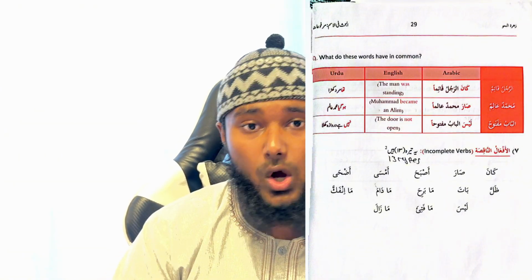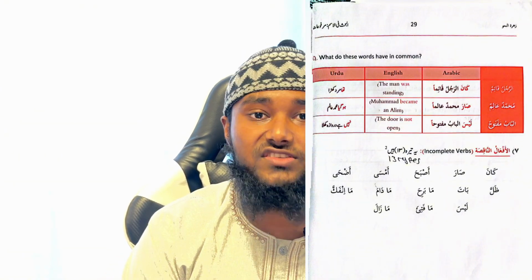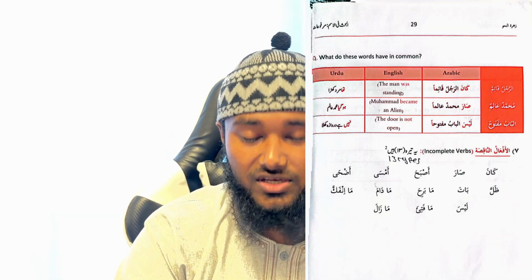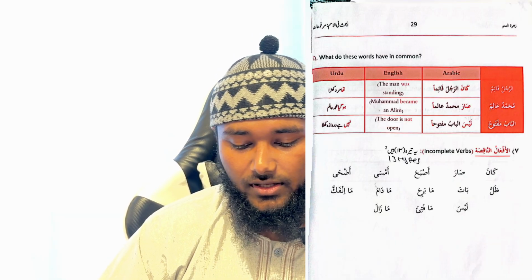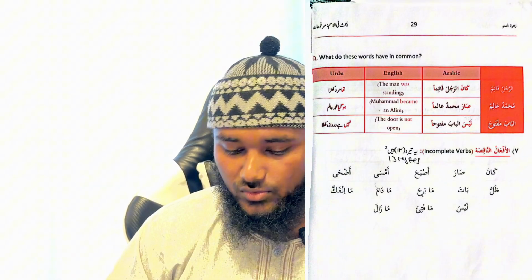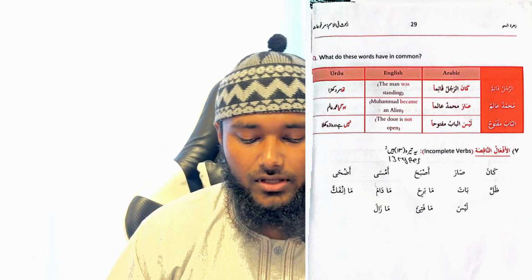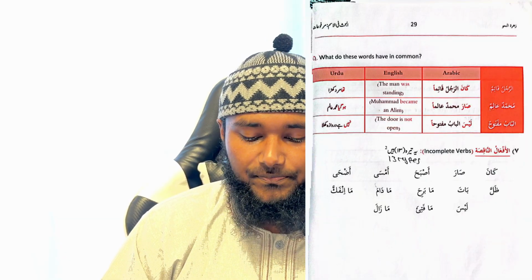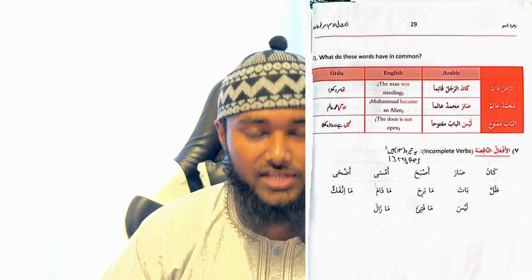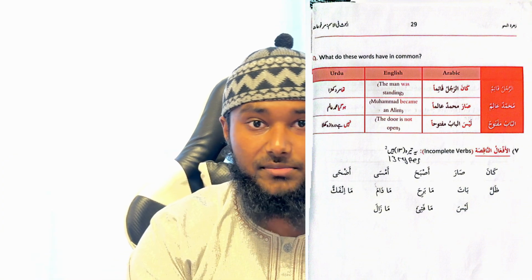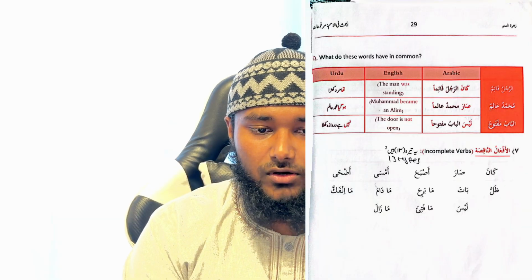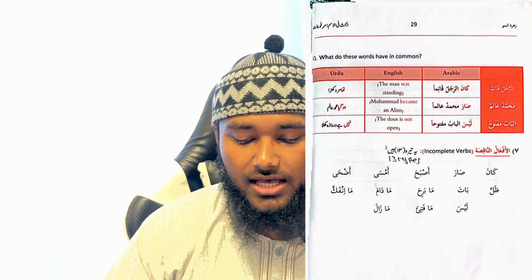Out of all these 13 words, he brings the 3 most used ones, with examples. Okay, so this is the chapter of Al-Af'al Al-Naqisa. And in the next book that we do for Nahw, we're going to go through the meanings of each one. So that is the chapter of Al-Af'al Al-Naqisa.